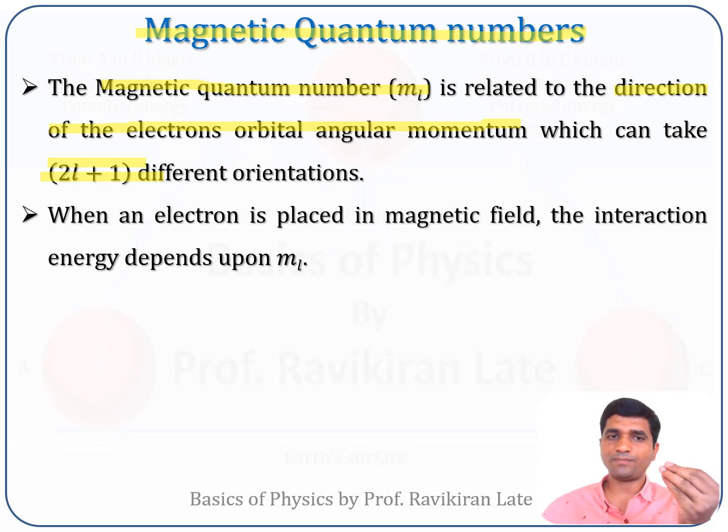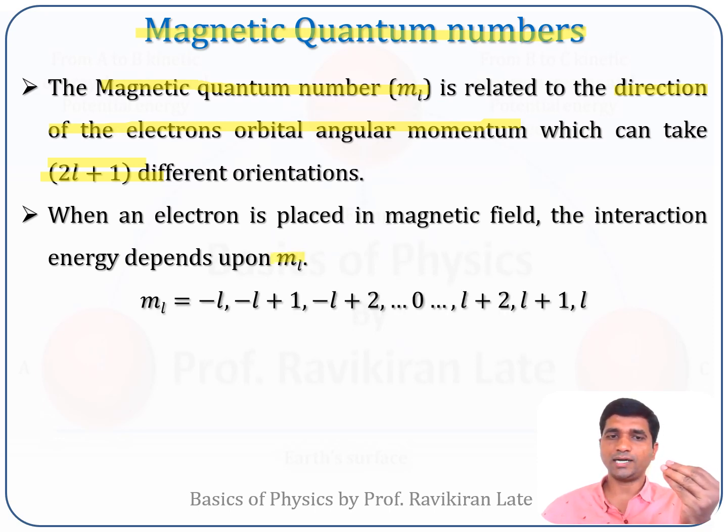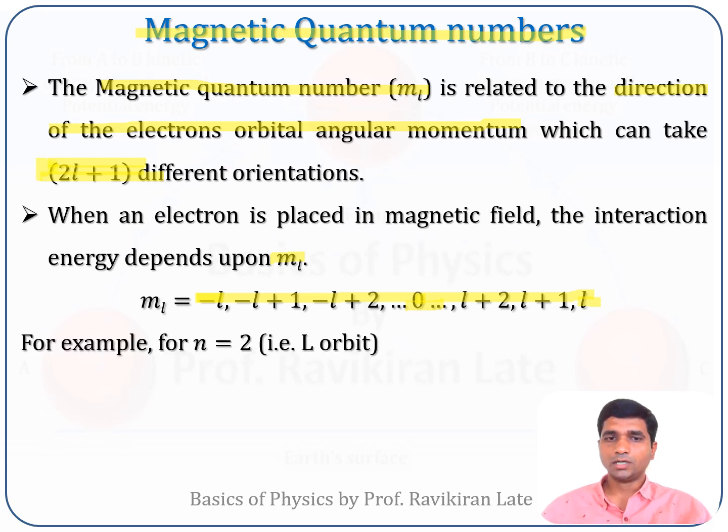For a given value of l, you can have different values of ml, which can take values from minus l to plus l, including 0 as well. So there will be 2l plus 1 values for a given value of l.